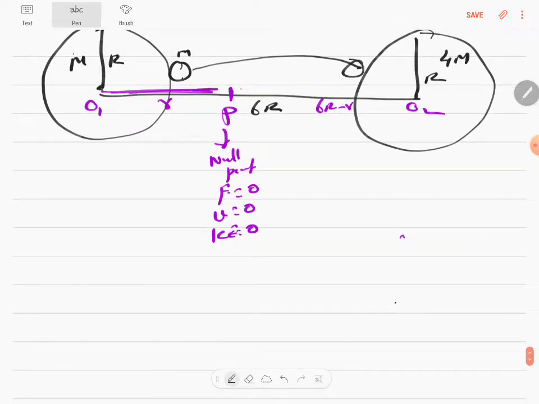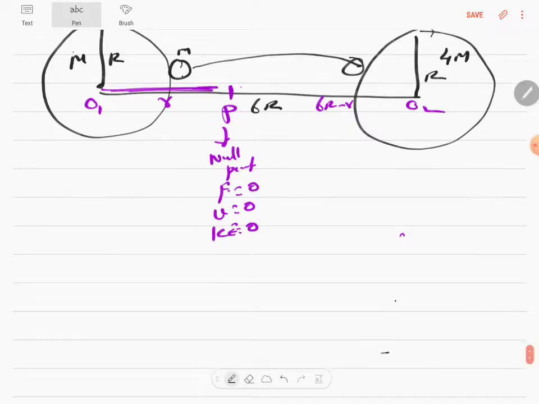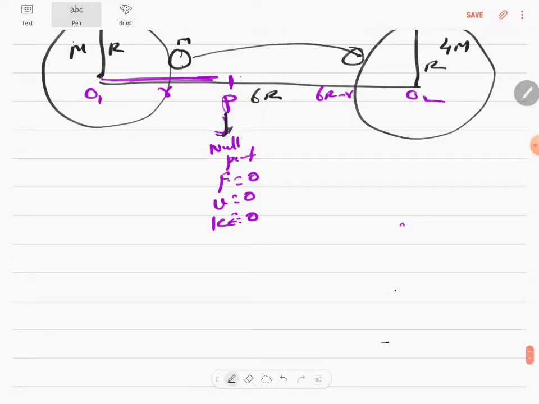So you are trying to calculate where this point is, where the gravitational force itself is 0. The force due to the left one and the force due to the right one will cancel out each other.